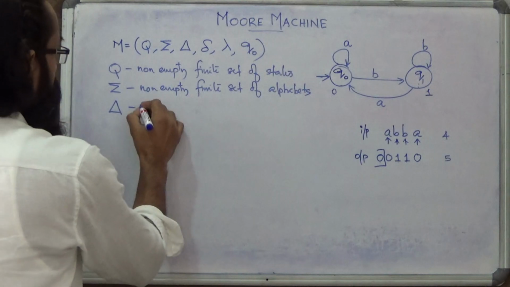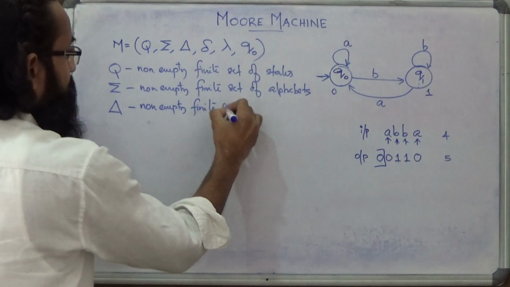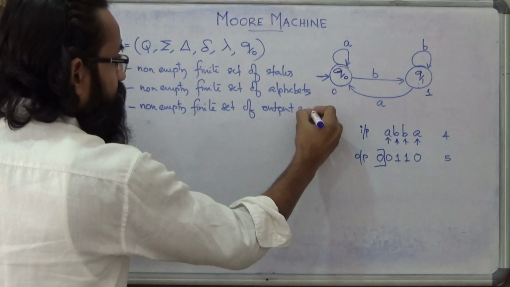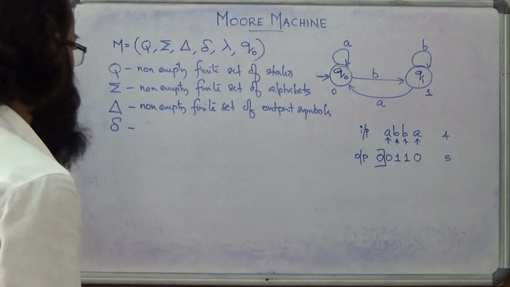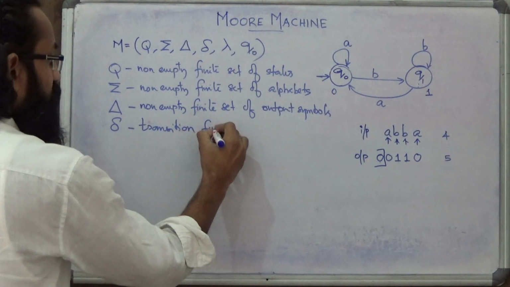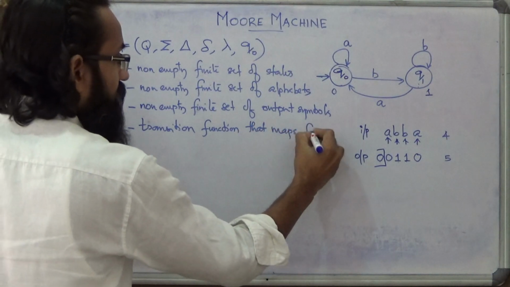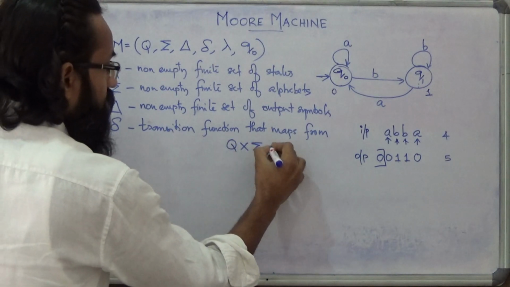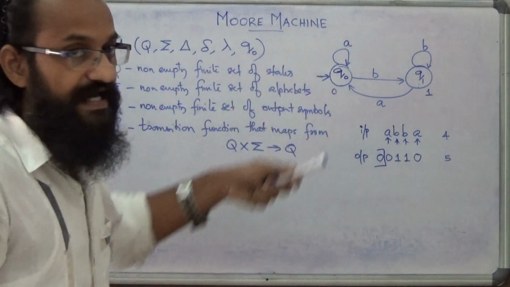Then capital Delta is the non-empty finite set of output symbols. Then delta, as you all know, is the transition function that maps from Q cross Sigma to Q. As I said earlier, this model is actually a deterministic model.